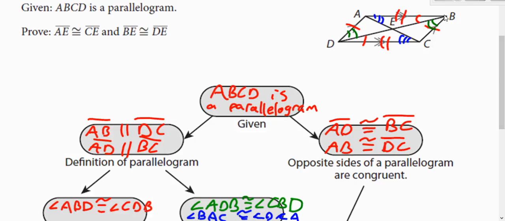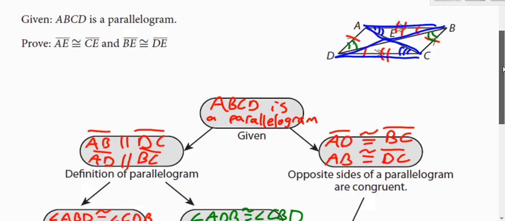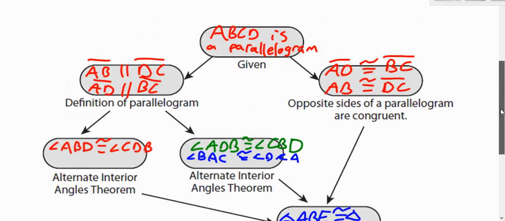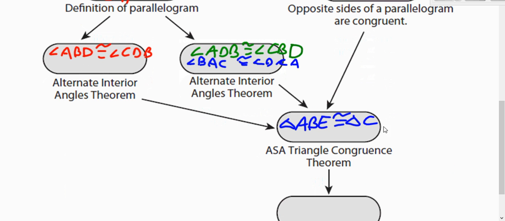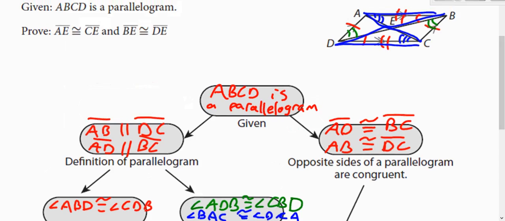Then we have enough to show that this triangle up top here is congruent to the triangle at the bottom by angle, side, angle. So we can go, that's triangle ABE. It's congruent to triangle CDE. So I'm going to free up some of the markings here. We have that triangle on the top is congruent to this triangle down here in the bottom.